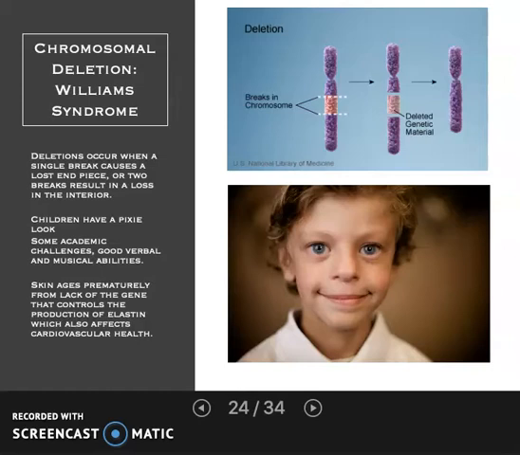And so this loss of a segment on chromosome number 7 gives these people exceptional musical IQ, and they're super social and affable and happy. Of course, they also have a tough time with math and some other issues. But that's a perfect example of a deletion mutation.